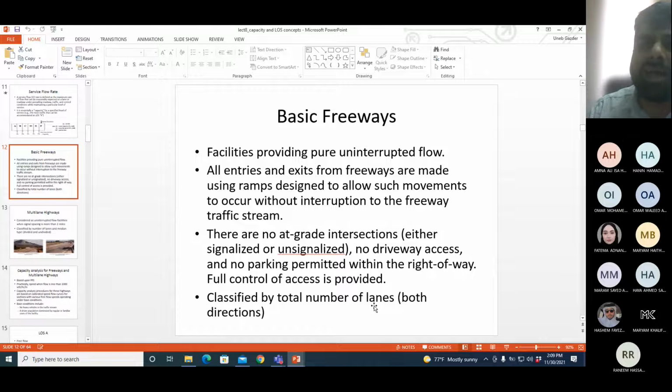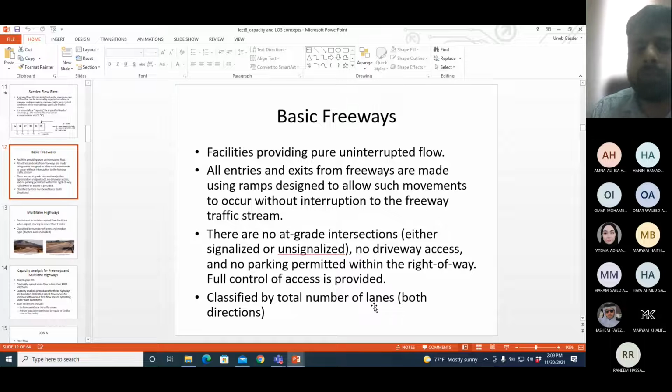All of them are considered as interruptions. Somebody is coming out of the parking lot, you have to stop for that. Freeways do not have any at-grade intersections. They don't have any access to driveways, parking lots, garages, or any roadside parking. This is mandatory for freeways.